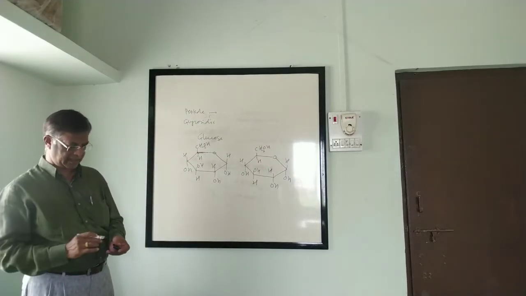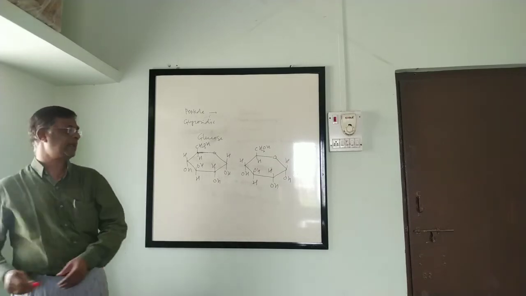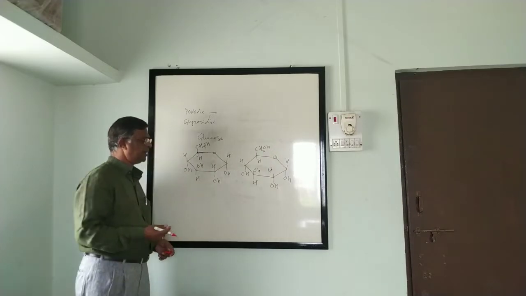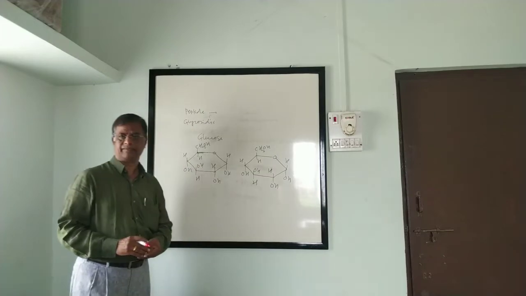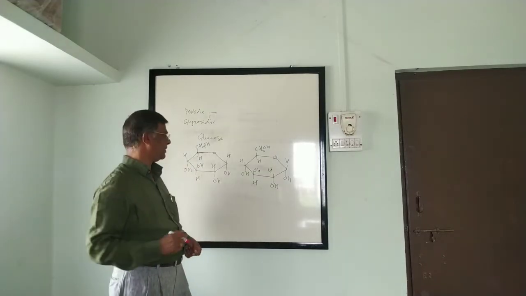So when these two glucose molecules, two monosaccharides, unite to each other, they form a very specific linkage that is called a 1,4 glycosidic linkage. Why is it called a 1,4 linkage?